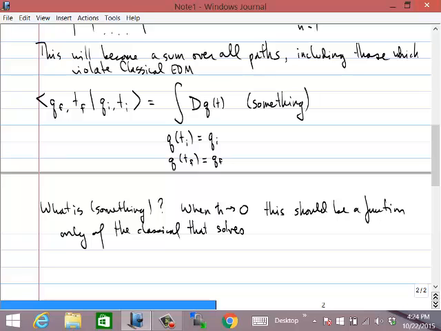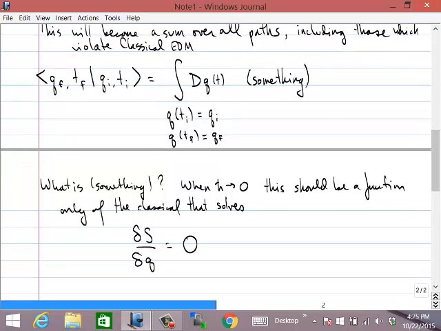In particular, the classical path that solves the Euler-Lagrange equation, which says that the variation of the action with respect to the path is equal to 0. So the question is, what sort of thing could we write down which has the property that when you take the limit that h bar goes to 0, this integral depends only on the solution of the equation dS/dq equals 0.